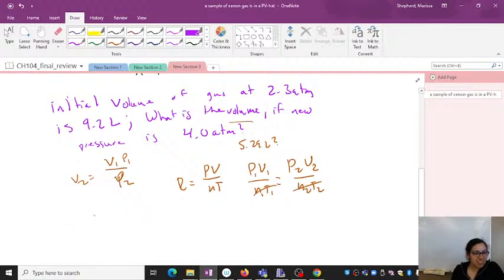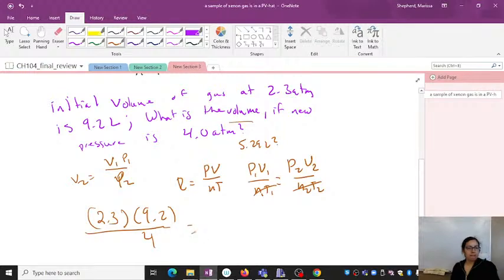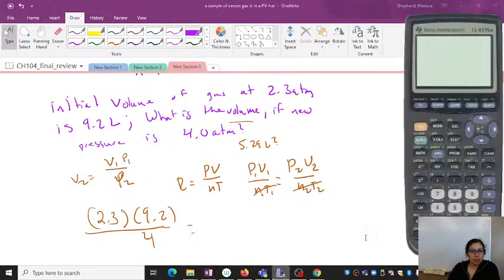That's why I was blanking. Temperature doesn't change for this. That would mess everything up. So 2.3 times 9.2 divided by 4. And so, yep, I like the answer of 5.29 liters.